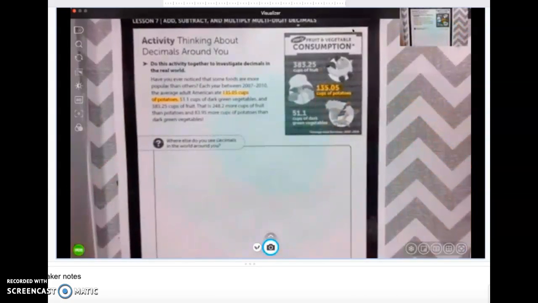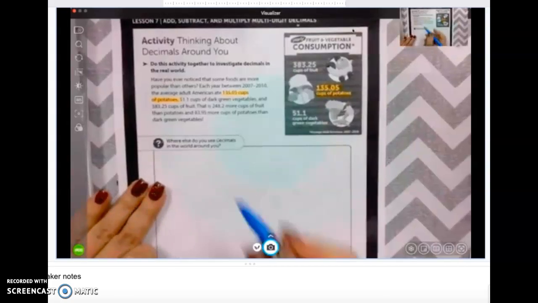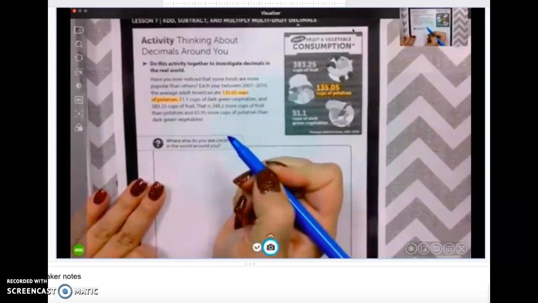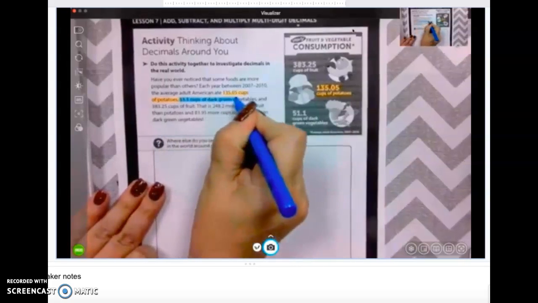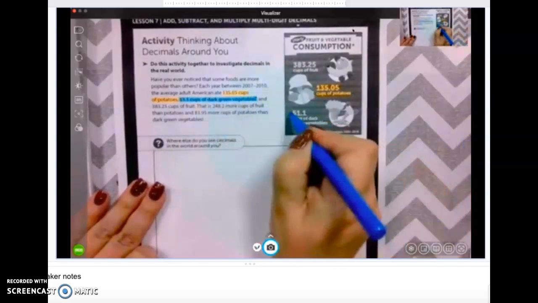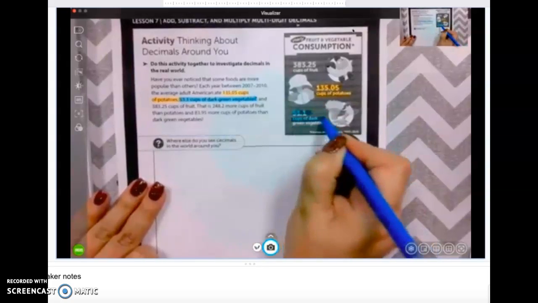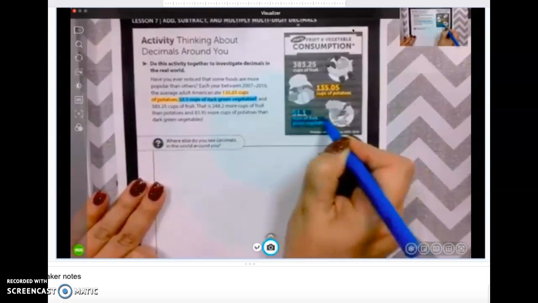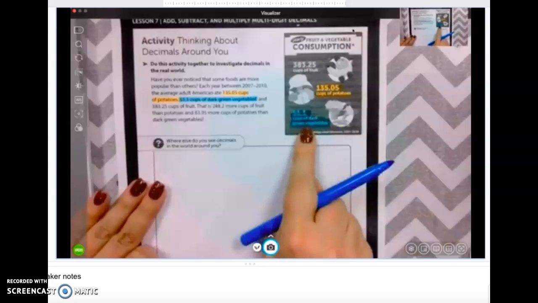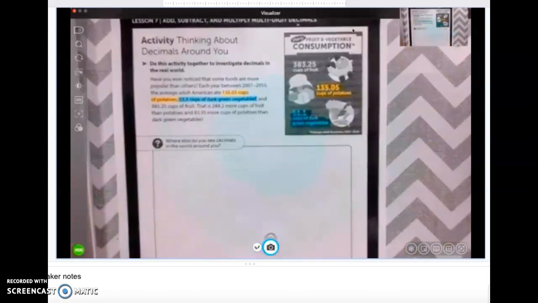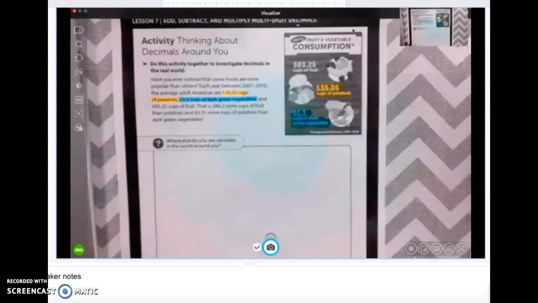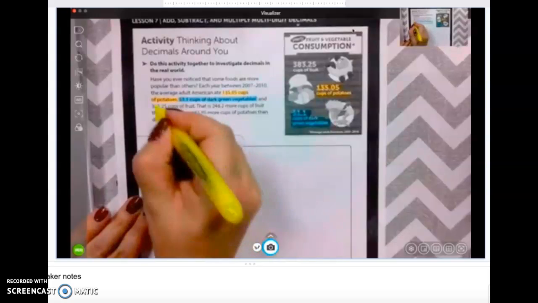They also ate 51.5 cups of dark green vegetables. So you'll notice that I'm highlighting the corresponding pieces with the picture to the paragraph. And they also ate 325 cups of fruit.